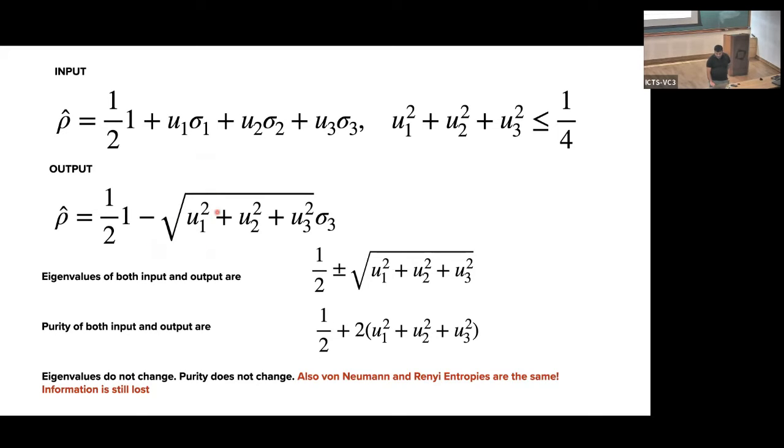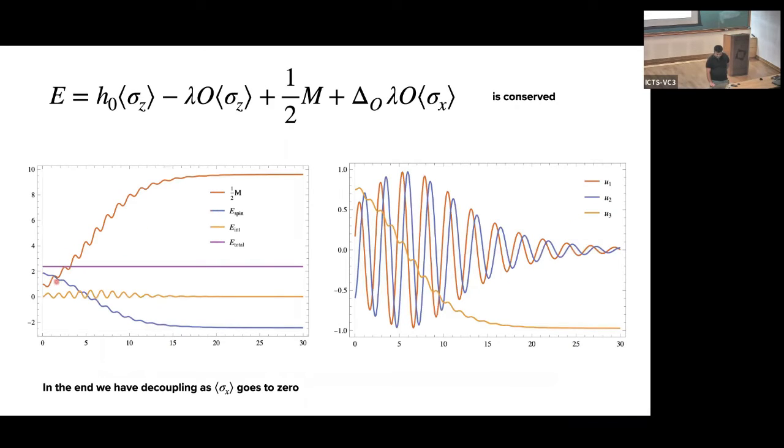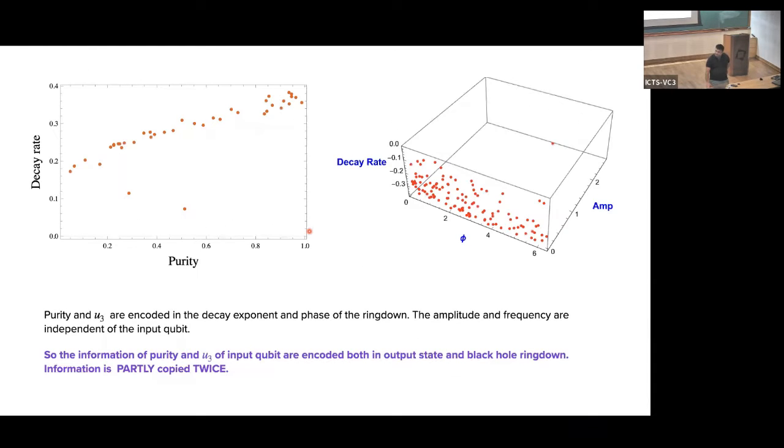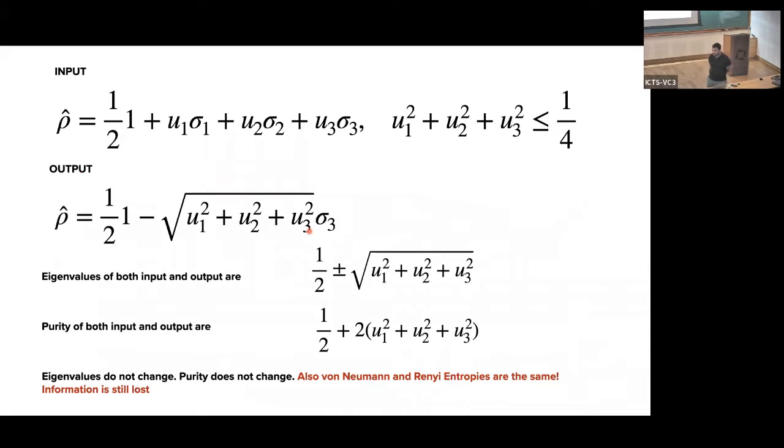If you look at how much energy has been lost in the qubit, that measures U3, and the purity would be measured by the final value of the energy. The purity is simply trace rho square, and it is bounded from half to 1.